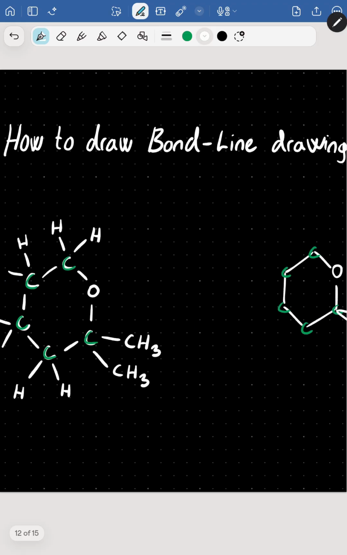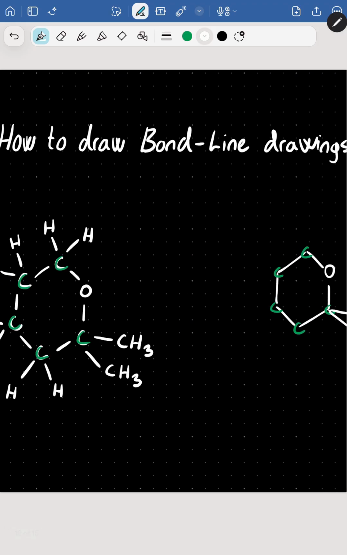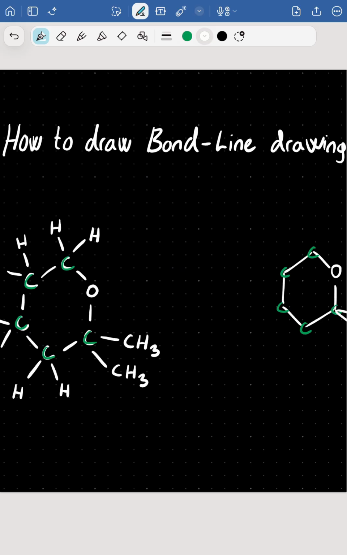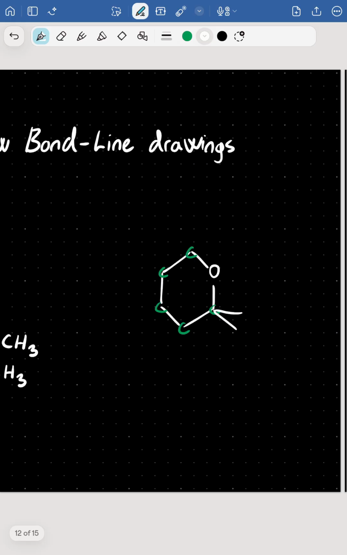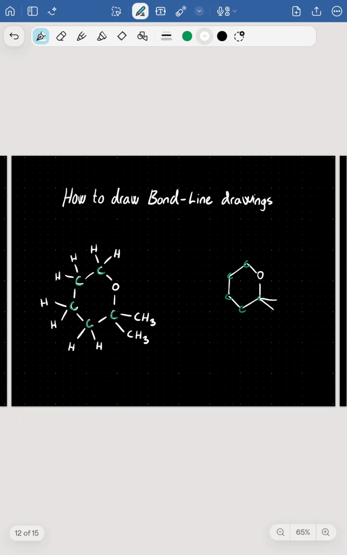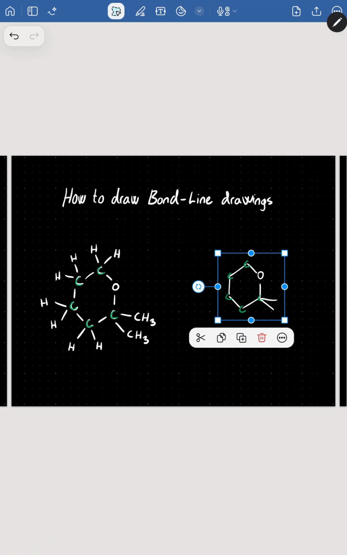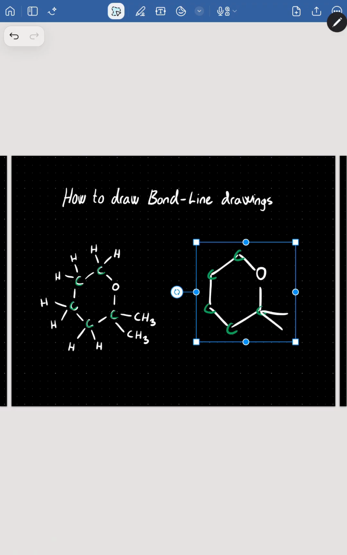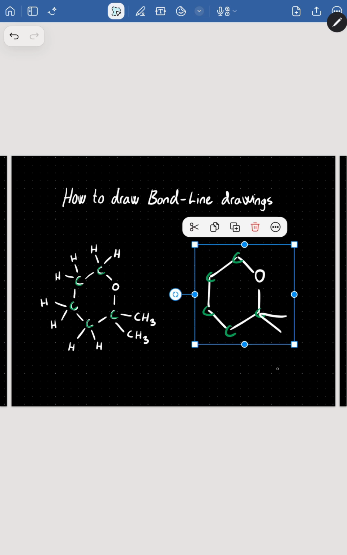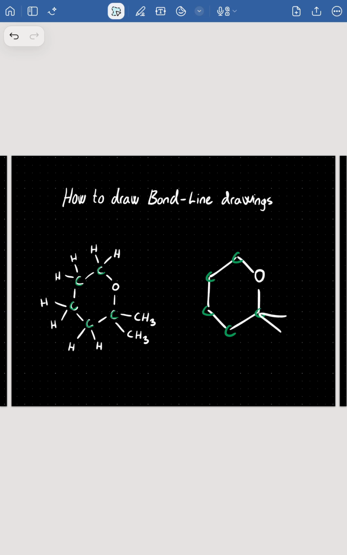It's the same. And yeah, that's basically it. That's the molecule. I'm not kidding. That's how easy it is to draw the molecule as a bond line drawing instead of a Lewis structure. So that's the simplified version of the Lewis structure.